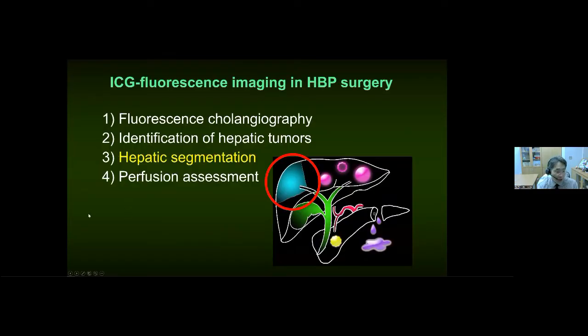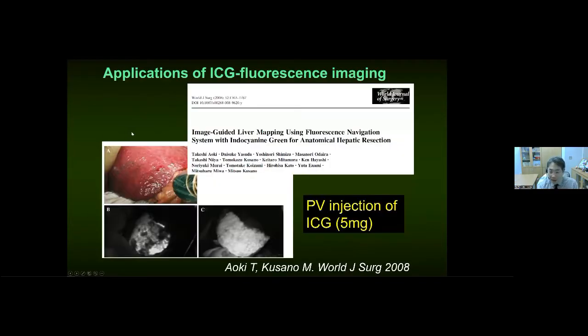The hepatic segmentation. In 2008, Professor Aoki, the Japanese surgeon, published a really important article introducing the use of ICG fluorescence imaging for the hepatic segmentation in the setting of open surgery.